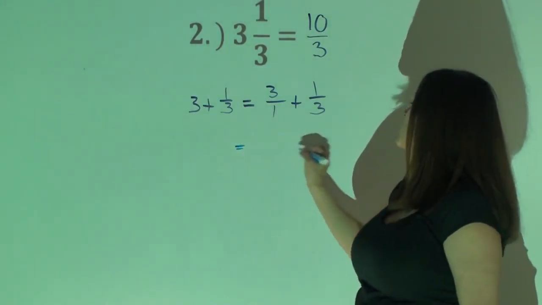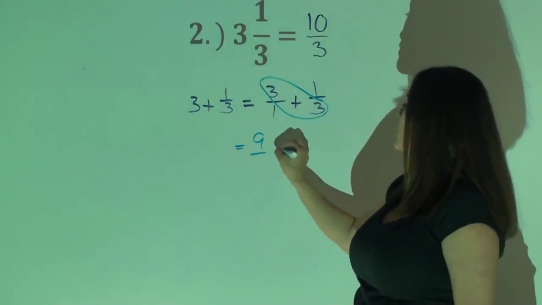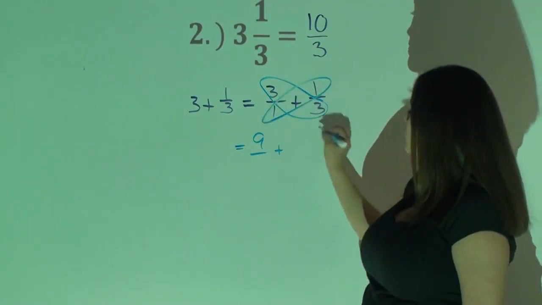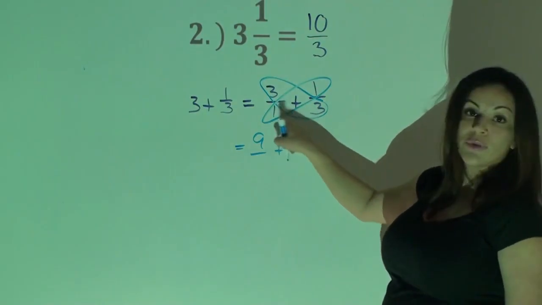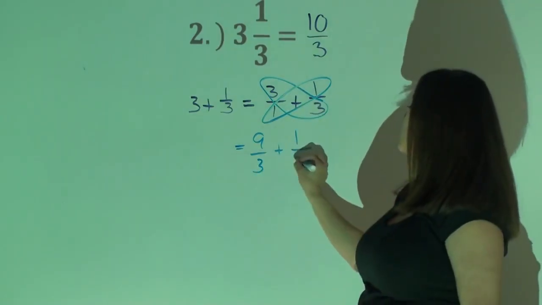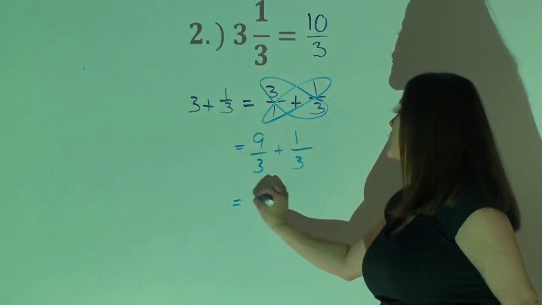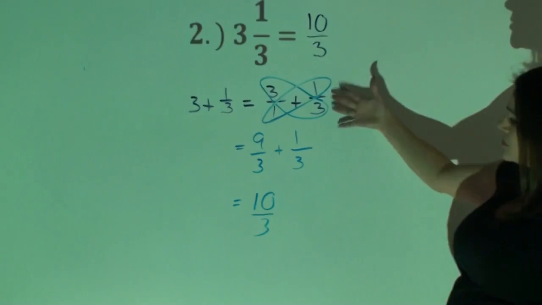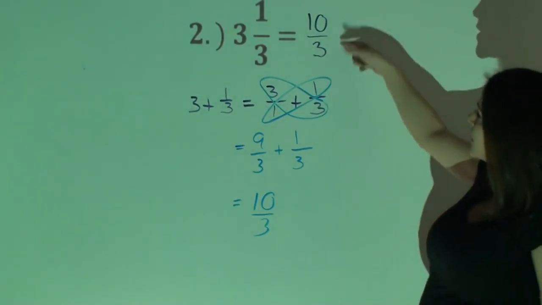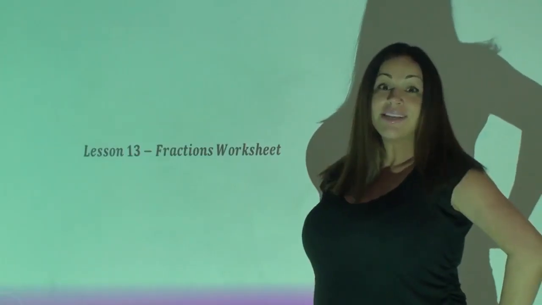So we have to do our little conversion here. So we do 3 times 3, which is 9, plus 1 times 1 is 1, over, both of those are going to be over, 3 times 1, which is 3. And now we know when we add them, we're just going to get 9 plus 1 is 10 over 3. And of course, it's longer than doing it this way, so a lot of times we just use our little shortcut here. So that brings us to the end of our lesson.